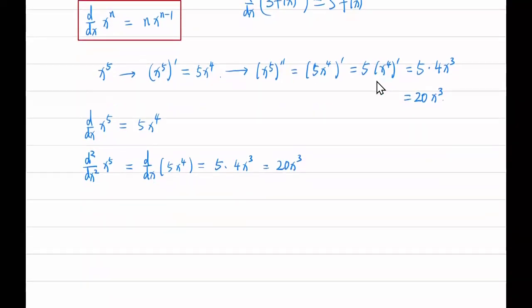Now let's continue to the third derivative. And Sophia, how do you find this third derivative? You find the third derivative by doing 20 times 3 and then x to the power of 2.